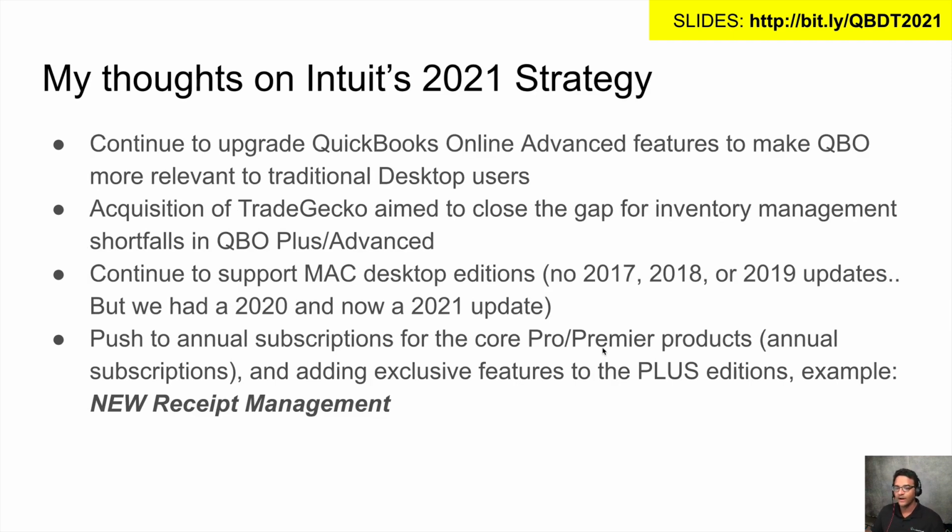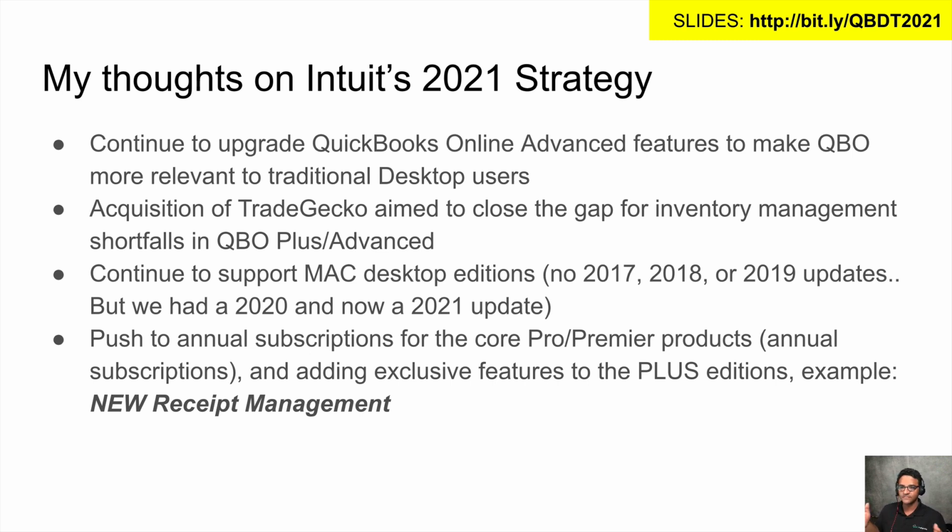So in 2021, what I observe, what I understand, what I think, the strategy for Intuit is they're going to continue to push upgrades into QuickBooks Online Advanced with the focus of trying to get QBO to be at par with traditional desktop users, to get more traditional desktop users to move into QuickBooks Online Advanced.